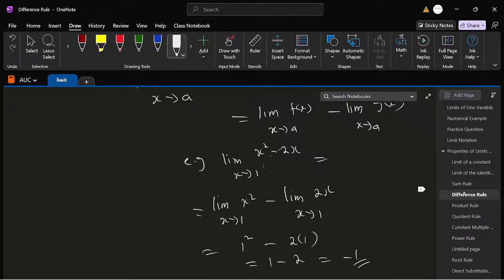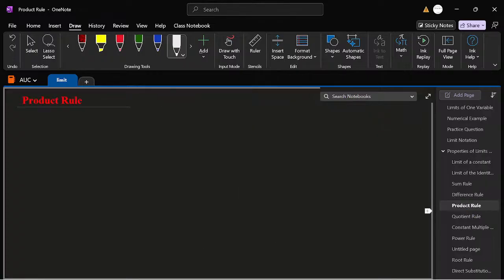Okay, so we've covered the limits, the properties of a constant, the constant function, identity function, and the sum and difference of polynomials. So let's look into another one. That will be products.